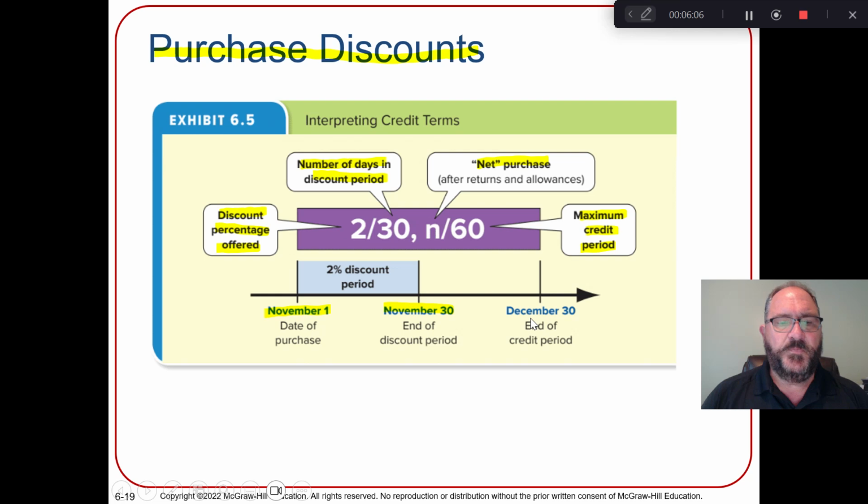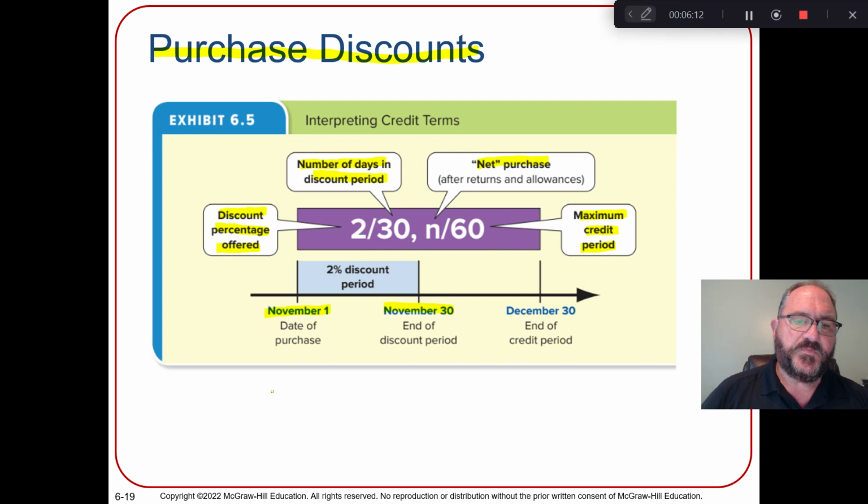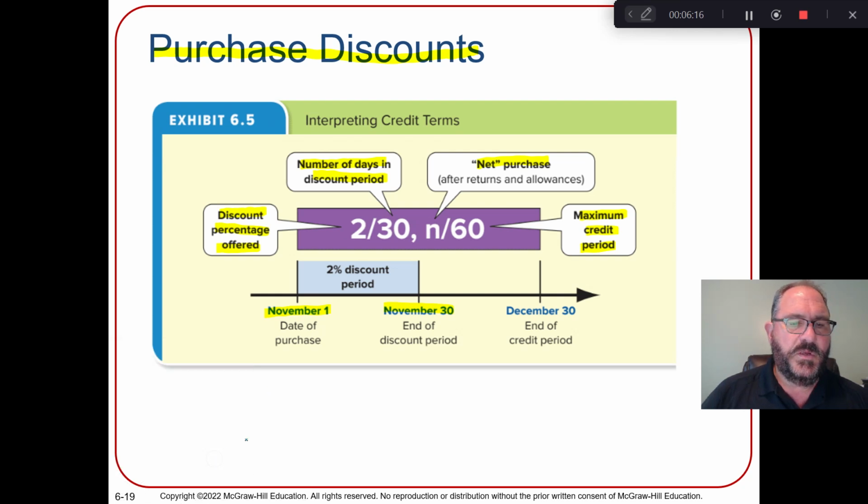So let me give you an example here. Let's say Walmart bought $10,000, we'll make it an even number, worth of bicycles.